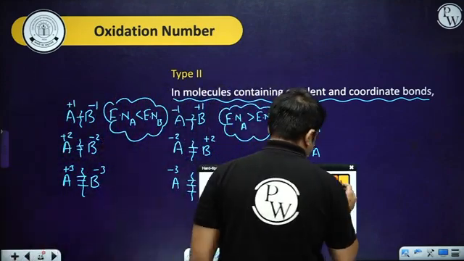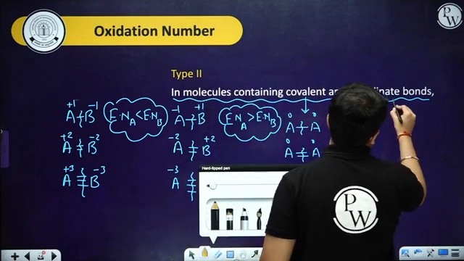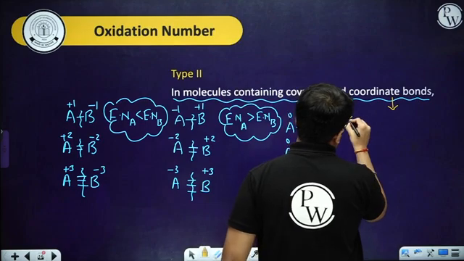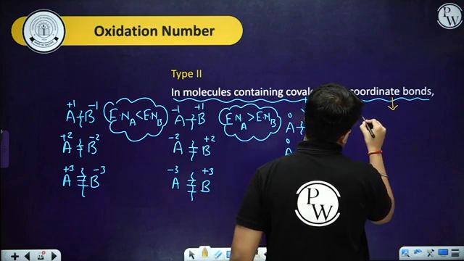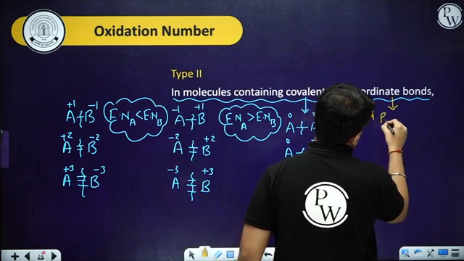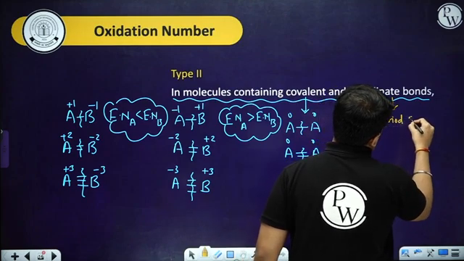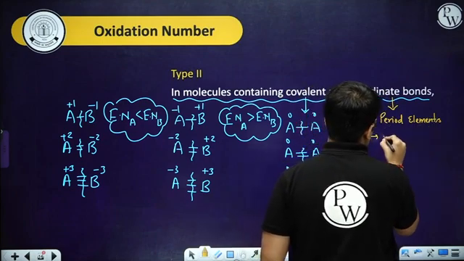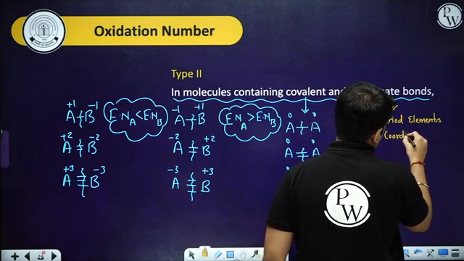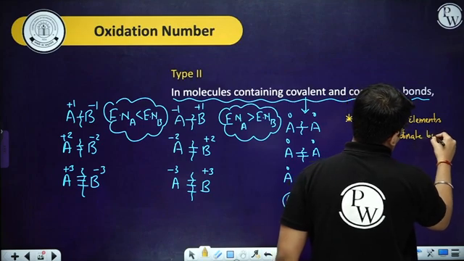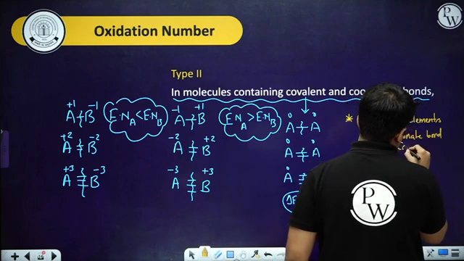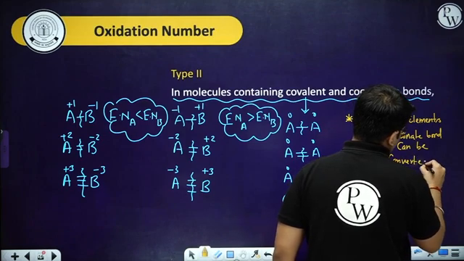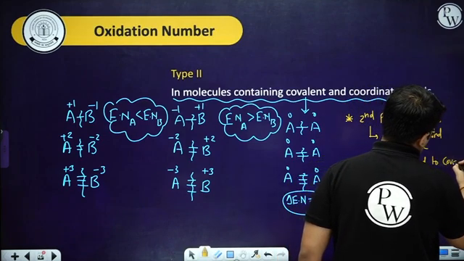Now, in case of coordinate bond, first of all, always remember one important point. In case of second period elements, a coordinate bond can be converted to a covalent bond.